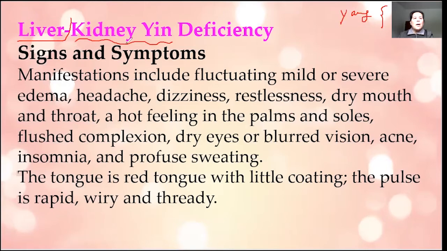When we talk about yin deficiency, pretty commonly liver yin with kidney yin together. When we talk about qi deficiency, pretty commonly spleen and lung together. So that's the functional relationship.